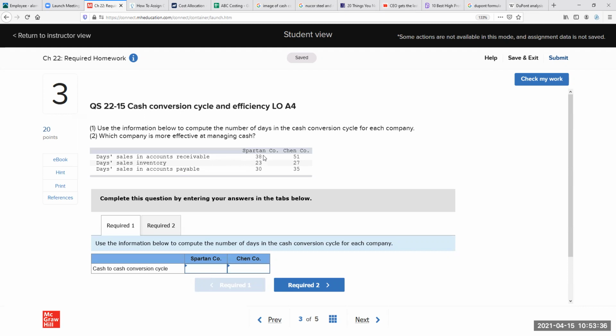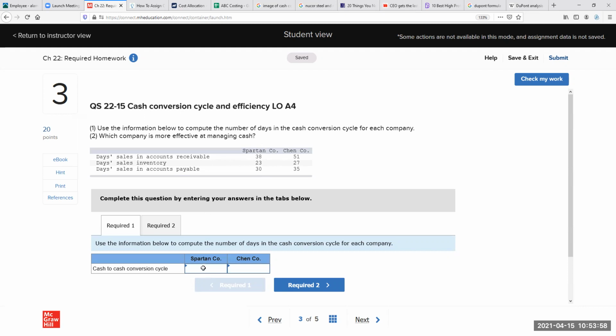And then how long do you take to pay the people? All right, so you have cash, and you buy the inventory, that's 23 days, plus it's tied up here in 38 days, right? And then the days sales, you tie it up in payables.